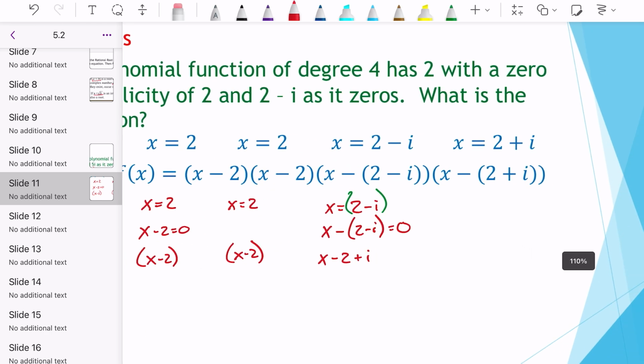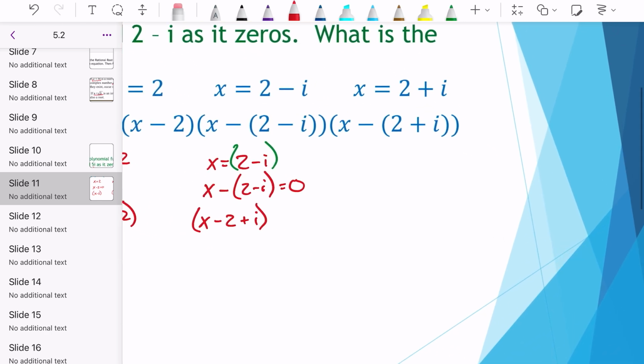Let's take a look at our fourth root, which in this case, we're going to have x equals 2 plus i. Keep in mind, we're going to bring this entire piece over.